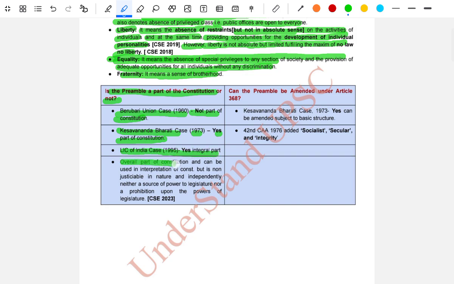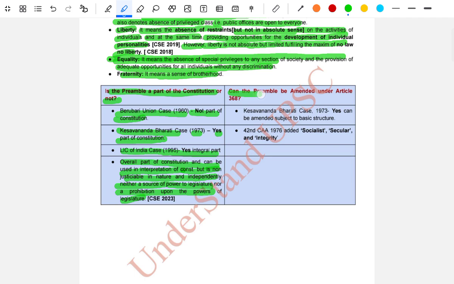Overall, it is part of the constitution and can be used in the interpretation of the constitution, but it is non-justiciable in nature and independently not enforceable, neither a source of power to the legislature nor a prohibition upon the power of the legislature.